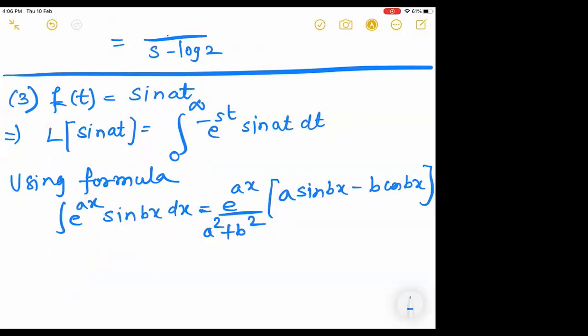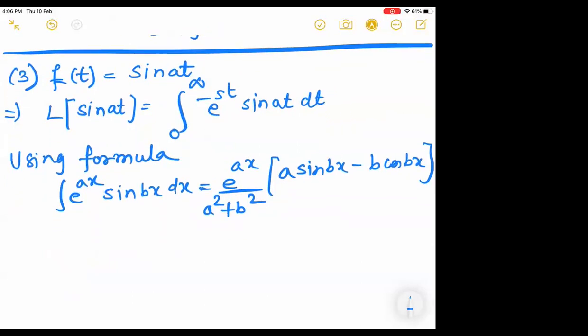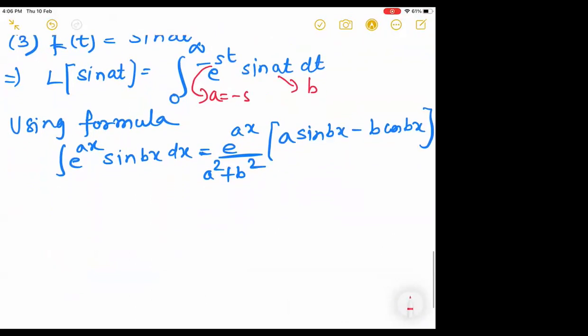Using this formula, now we will apply. In the given expression, the value for a is minus s and the value for b is a. The other variable is t, it doesn't make any difference.